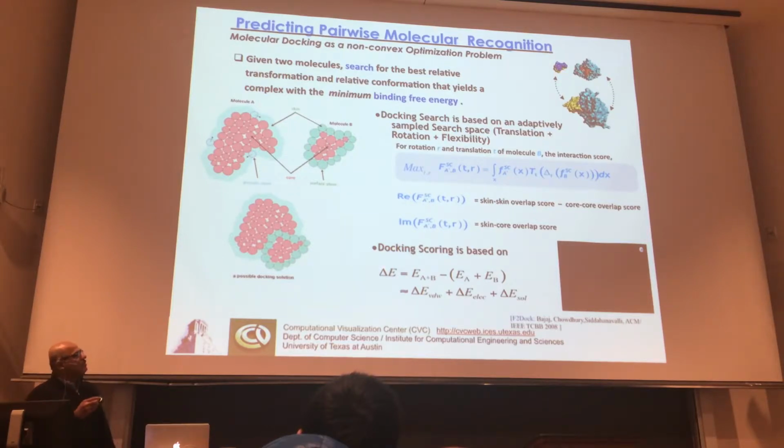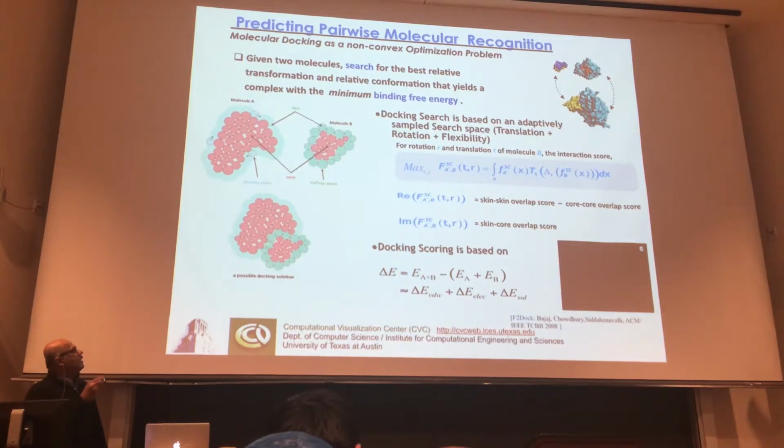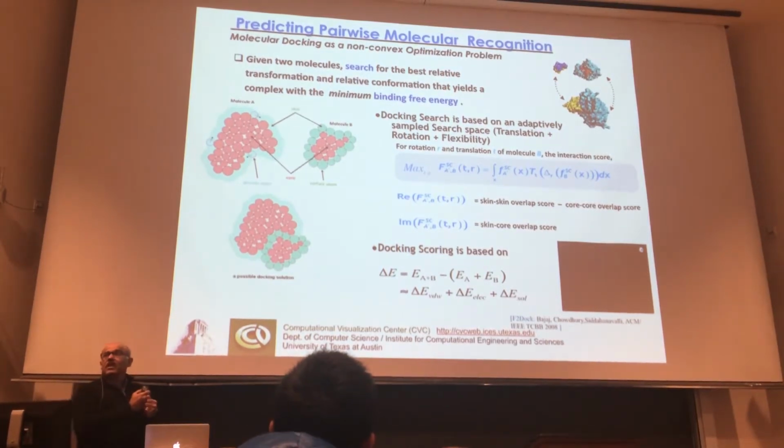So if I take the sum, which is the integral of this product, then I'm actually getting this behavior that I'm trying to mimic. I want these two molecules to come as close together such that it maximizes their skin-skin overlap and minimizes their skin-core or core-core overlap. So they shouldn't interfere together, but they should come very close to minimize the van der Waals forces.